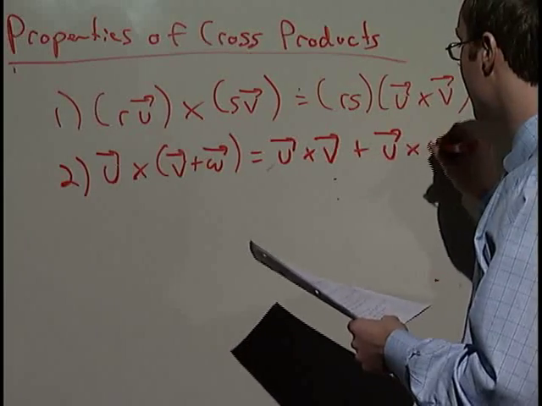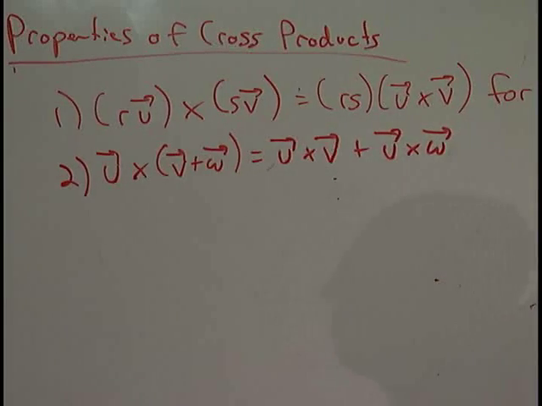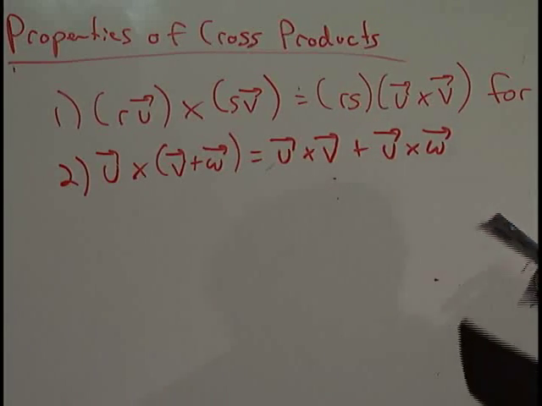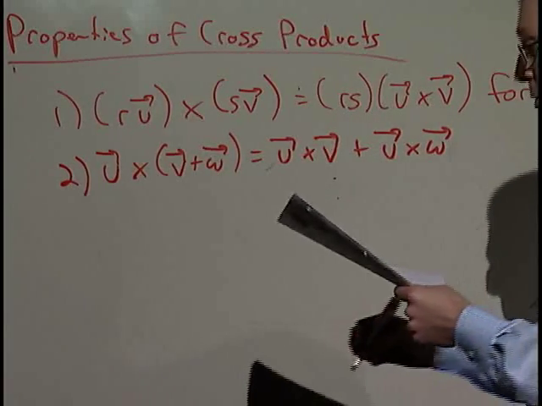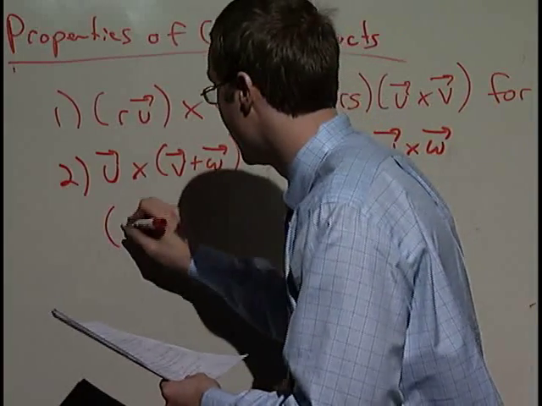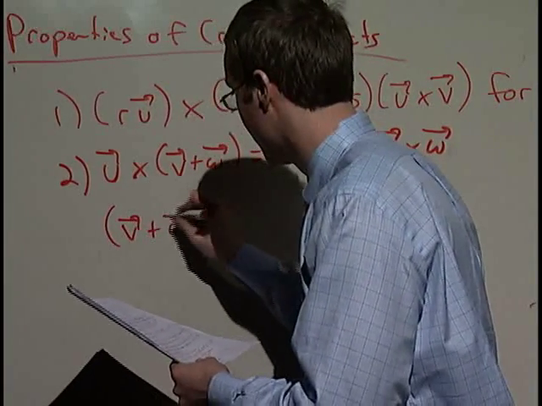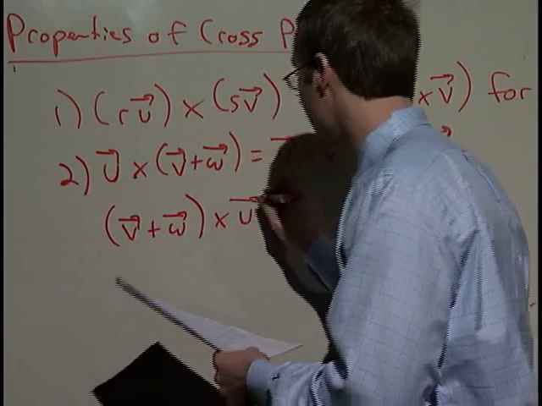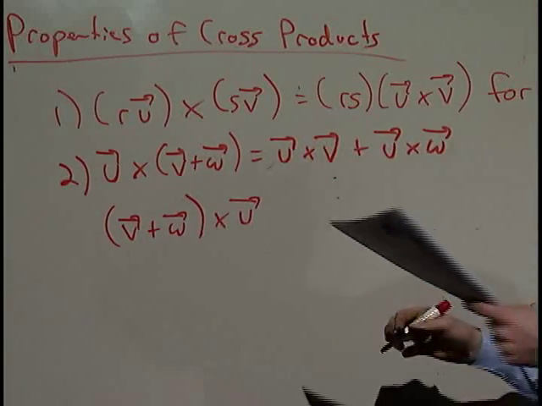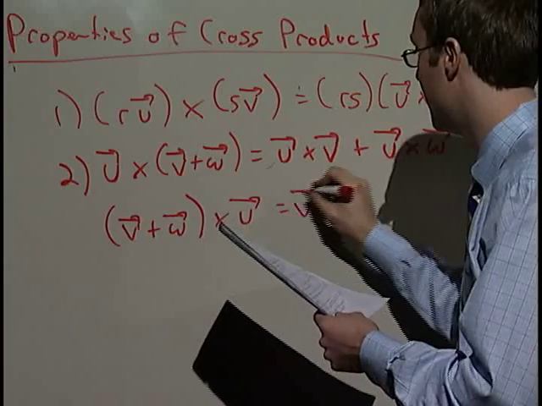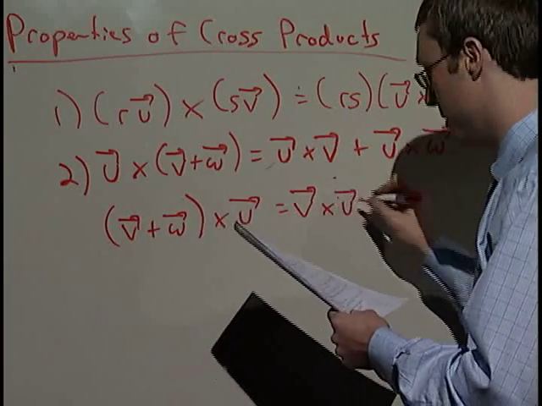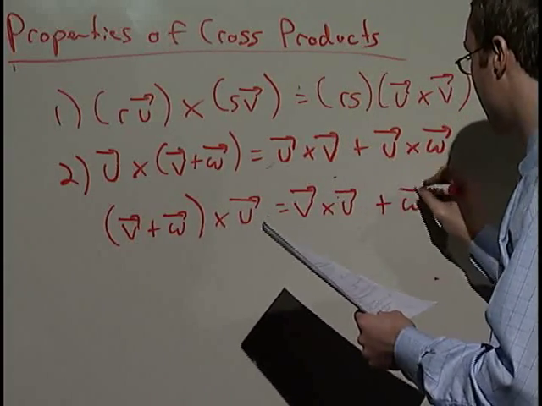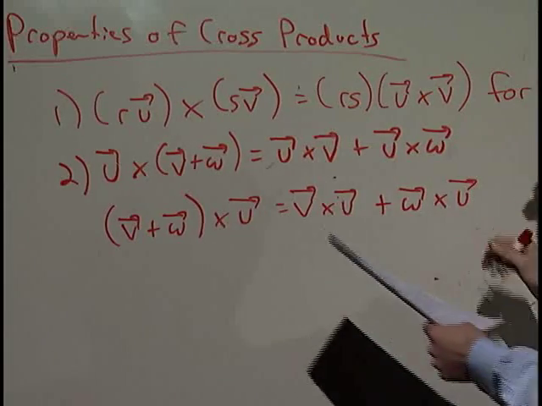For any vectors v plus w, you cross it with u, the cross product does distribute. And the same is true the other direction. If you had v plus w cross u, that would be v cross u plus w cross u.